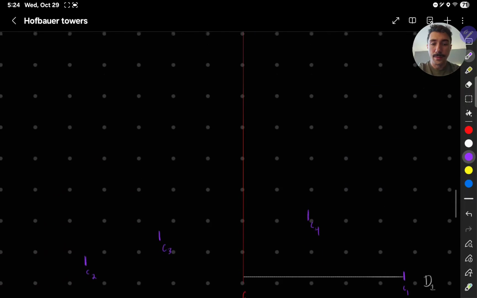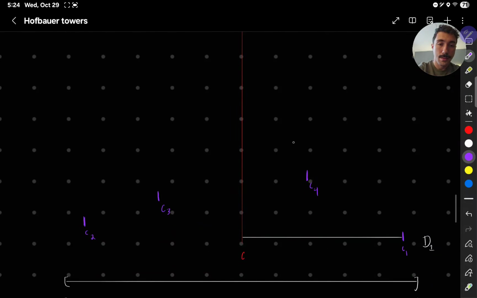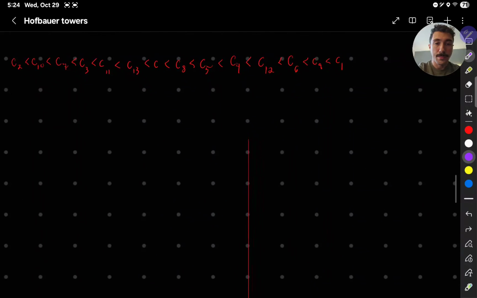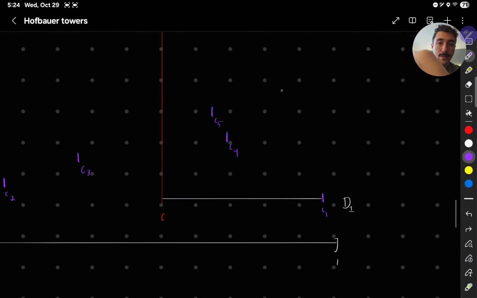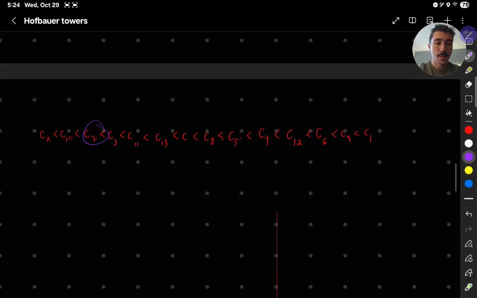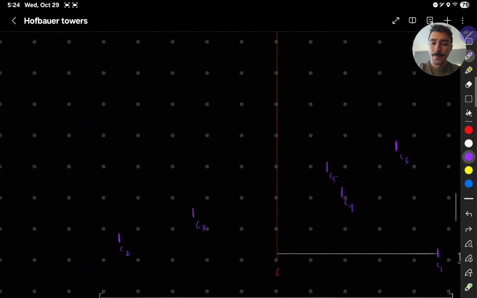C5 is just to the left of C4. C6, that's between C4 and C1, dead center. C7, just to the left of C3.